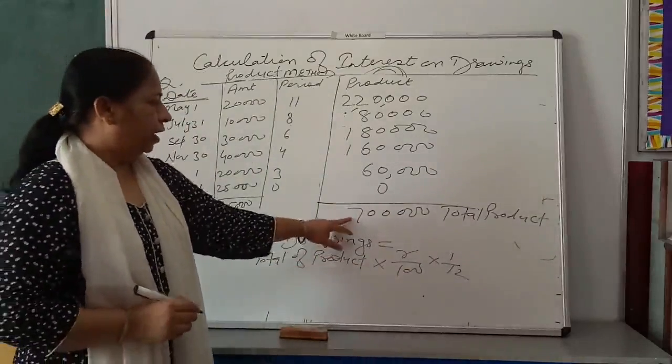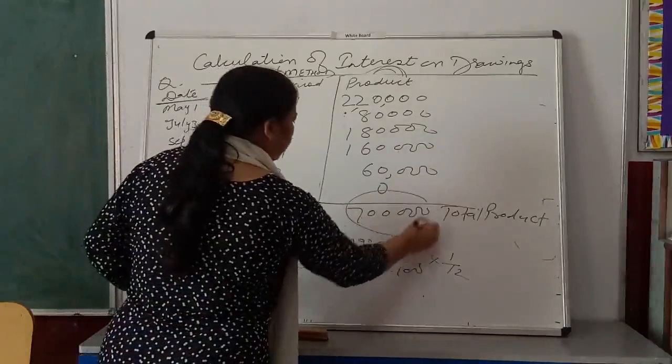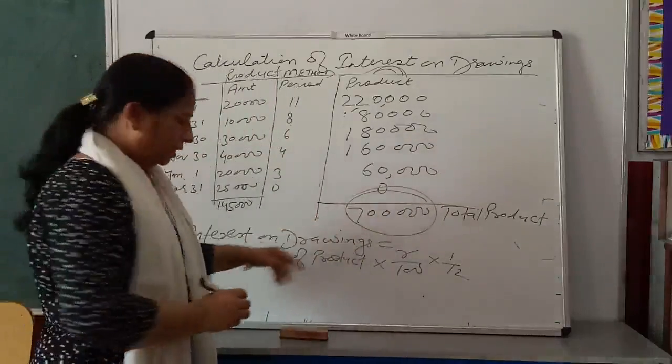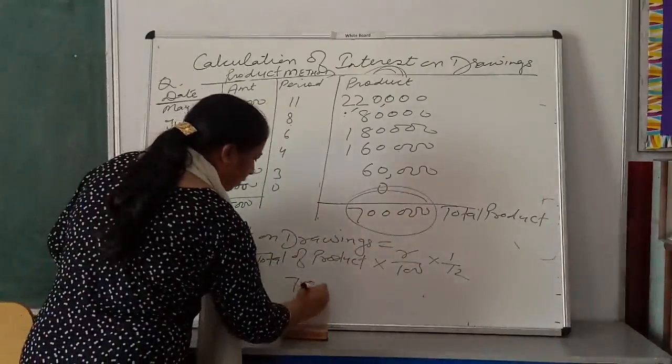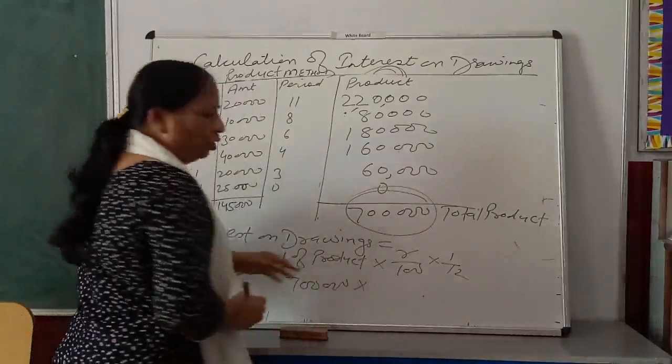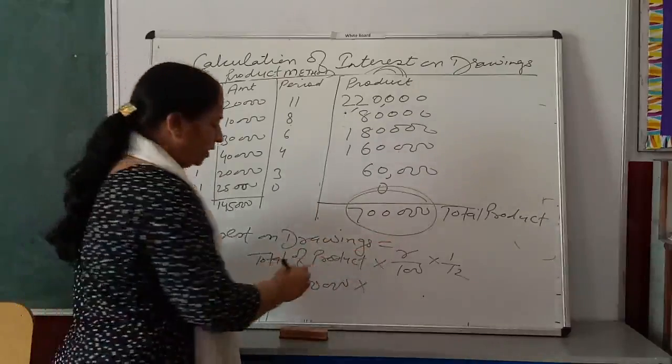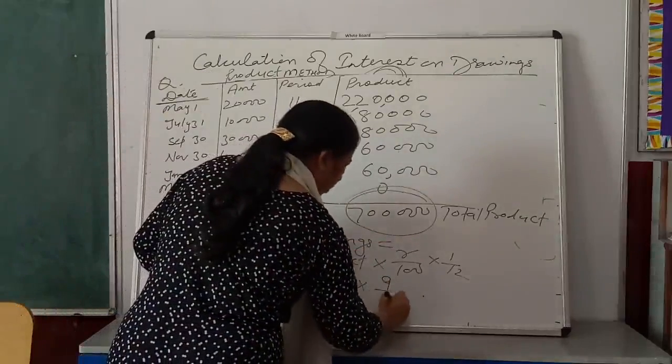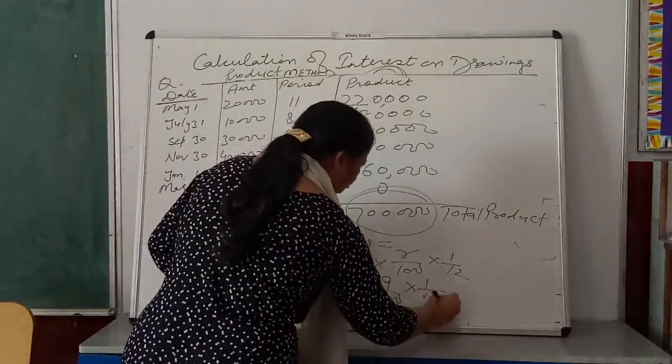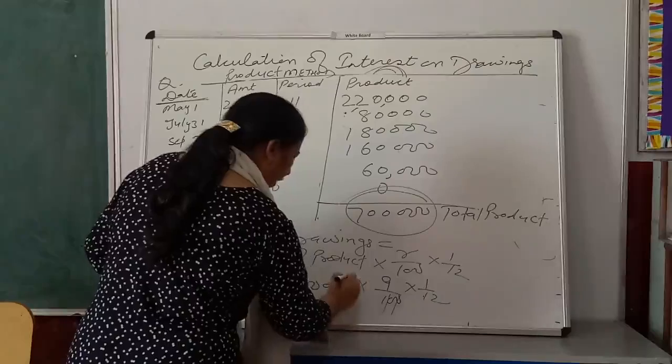Total of product. Here total of product is 7 lakh. You will write here 7 lakh. Rate of interest is again the same, that is 9% into 1 by 12. Solve it, simplify it.